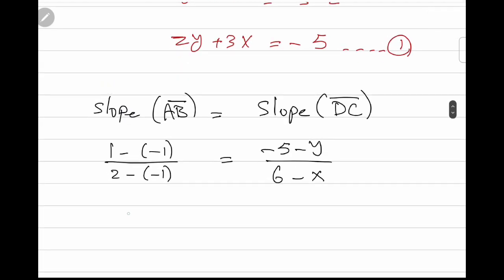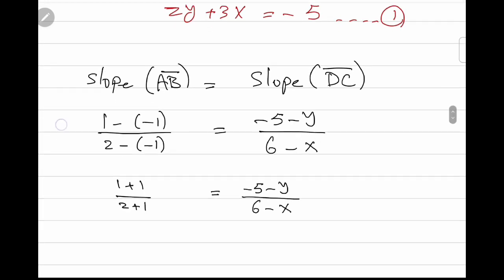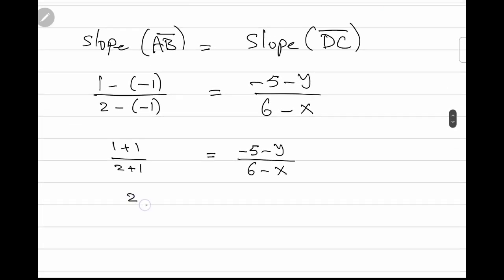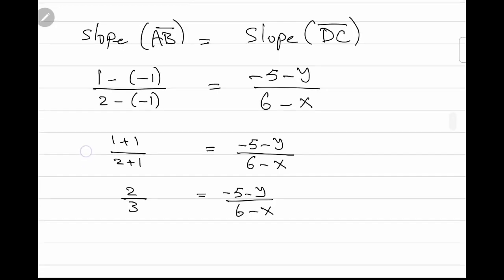So here we can continue to simplify. This is 1 plus 1 divided by 2 plus 1, which is equal to minus 5 minus y divided by 6 minus x. And now that will be 2 divided by 3 equal to minus 5 minus y divided by 6 minus x.